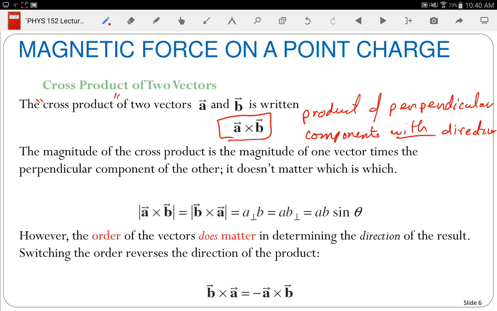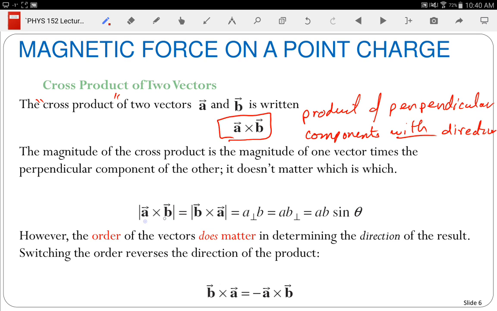So the cross product is a vector product because the result is a vector. It has both a magnitude and a direction. And in calculating this, we just saw from two slides ago, it doesn't matter if we do A perpendicular B or A times B perpendicular. They're both going to come out to have a magnitude of AB sine theta. But the direction matters.